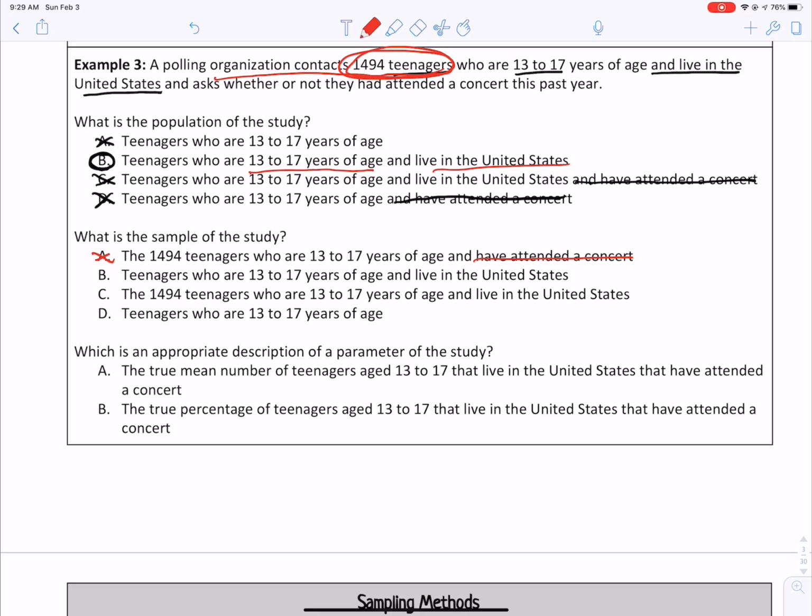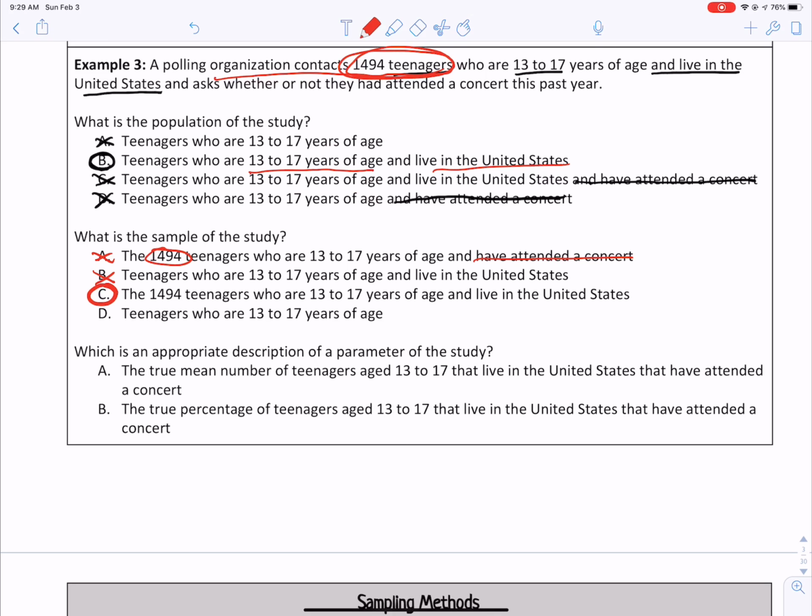Still don't need that. B says teenagers who are 13 to 17, but we need the 1,494. So B would be out. C says the 1,494 teenagers who are 13 to 17 years of age and live in the U.S. Perfect. That's the one we need.